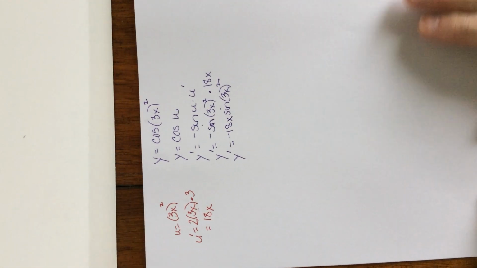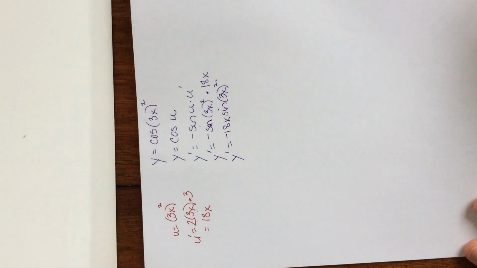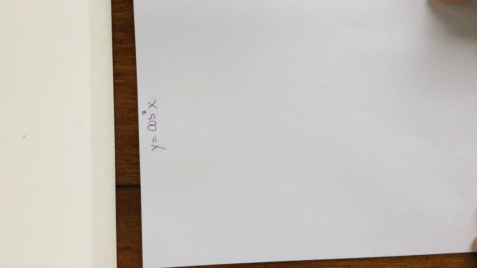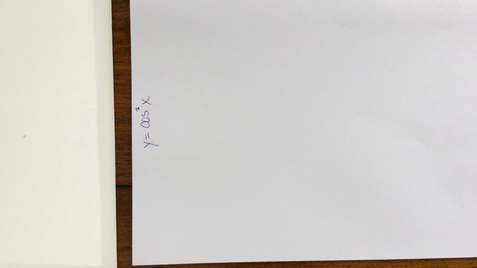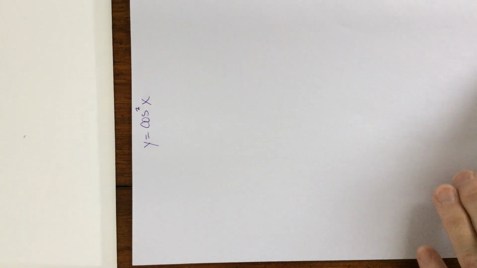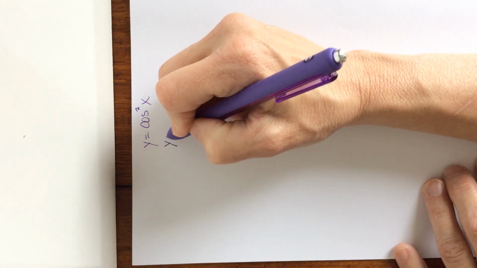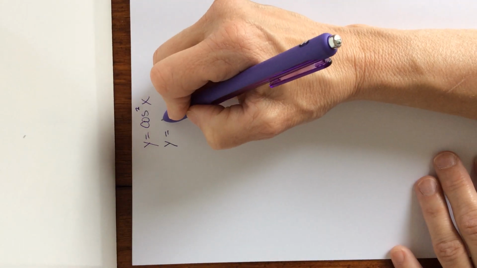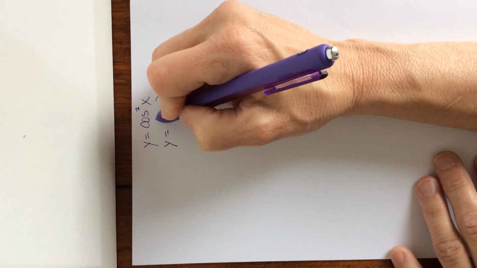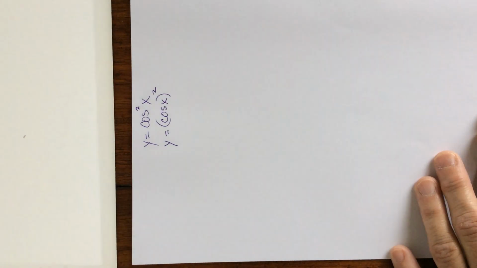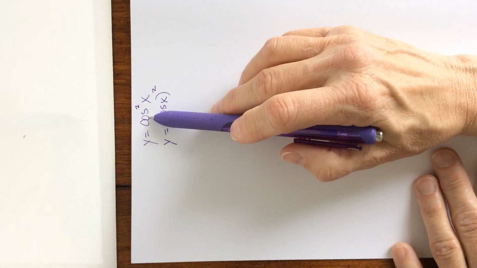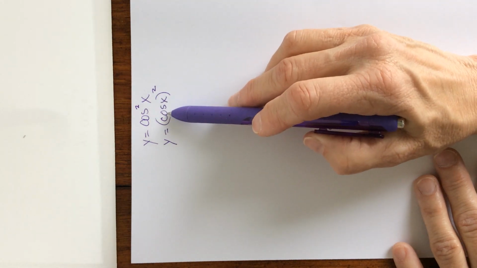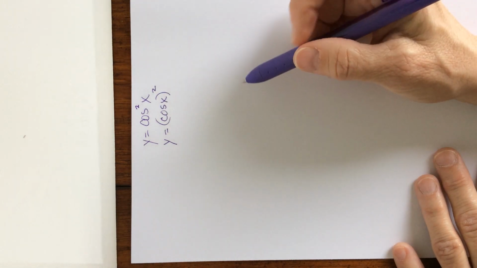All right, so now let's take a look at our next example, y equals cosine squared of x. So this particular example, I'm going to rewrite first as y equals cosine of x all squared. From trig, we learned that cosine squared x is the same thing as cosine of x squared.